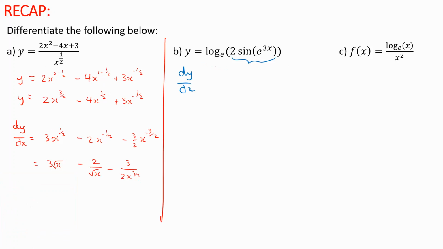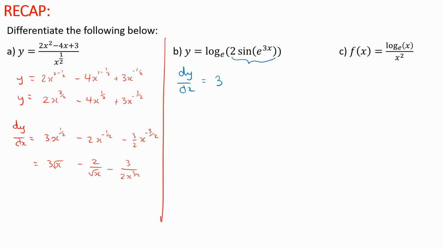So pretend that I didn't give you the log, and I'm just saying find the derivative of sine of e to the power 3x. What you would have done was derive e to the power 3x. Now, if you derive the inside, derive e to the power 3x. Anyone know what that is? 3e to the power of 3x, because the derivative of 3x is 3.